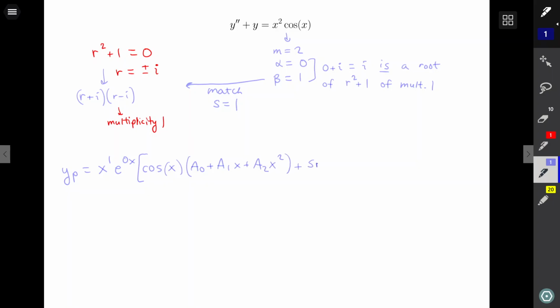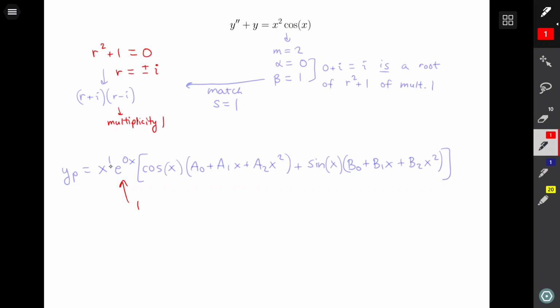And then you need to do the same thing with sine, which suddenly is not 0 because beta is 1. So b0 plus b1x plus b2x squared. And of course, this simplifies a little bit because that's 1, and you can multiply the x through all of this. Well, let's not rewrite that. That's the exact same thing that we found by a little bit of reasoning earlier.